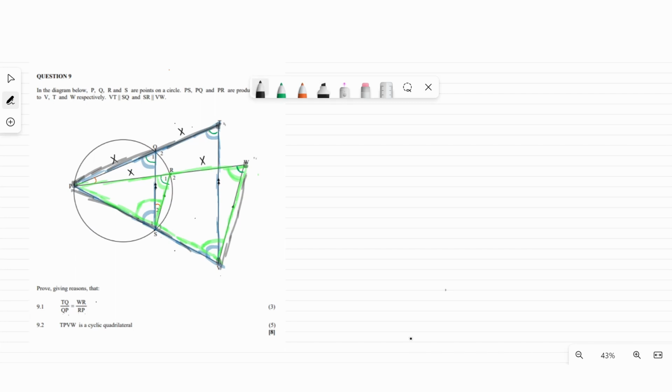So let's start. The first part: we know that angle Q1 is equal to angle R1. Your reason for that is angles in the same segment. That's the first thing that we have actually proved here.